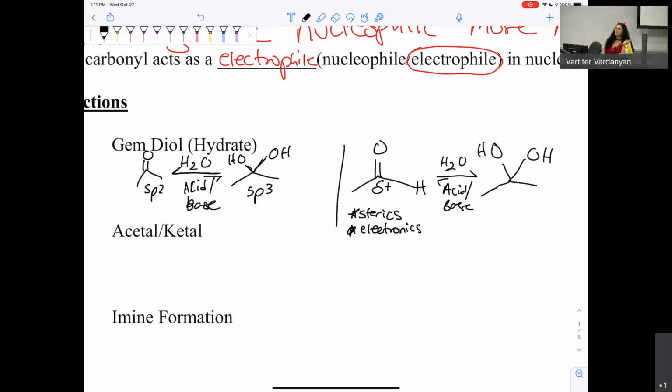So ketones will prefer the ketone form, and then aldehydes prefer the gem-diol form. But yes, definitely in the PowerPoint slides, it mentions how acids for certain reasons are going to prefer the gem-diol versus bases are going to prefer the ketone or aldehyde form, but that's a little bit less important than the other effect.